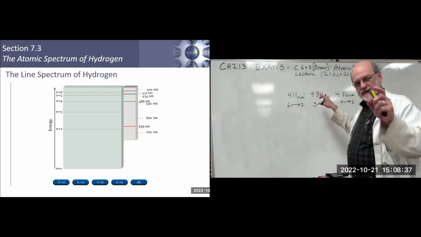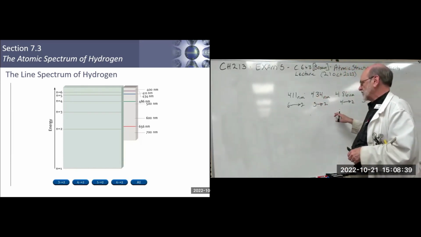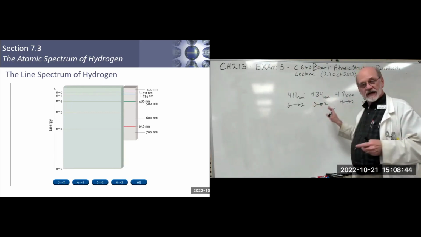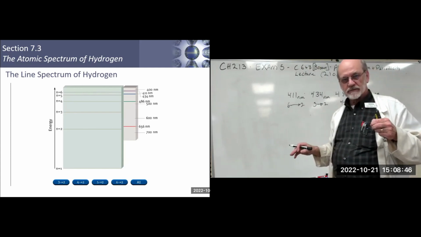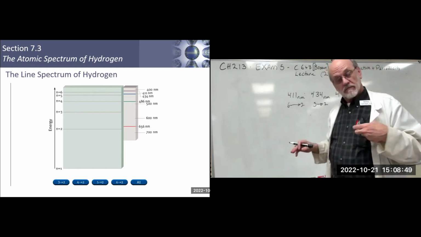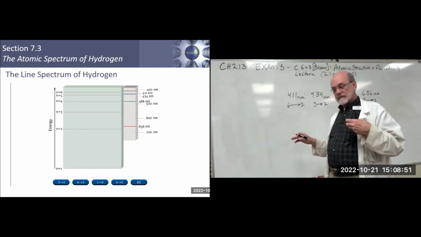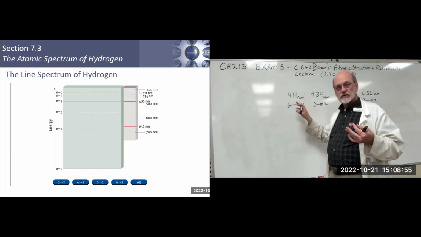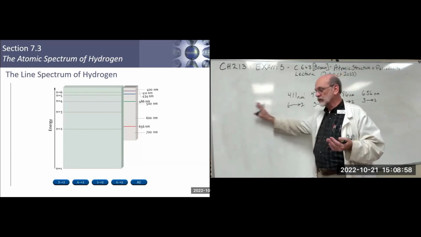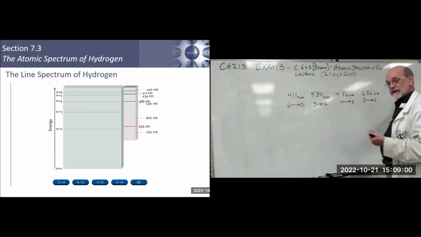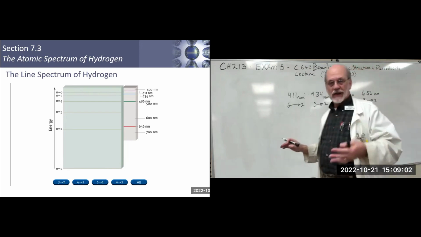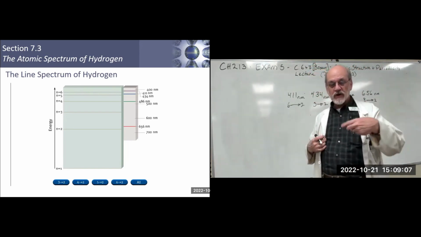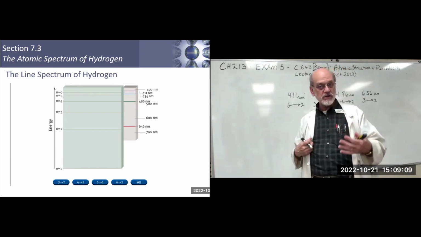I wrote these down as the video was playing, just so we could talk about them. These are 4 visible lines in the hydrogen spectrum. Now, if we have sufficient detectors to peer into the ultraviolet or the infrared, we will pick up other lines that are based upon other transitions between these energy states.